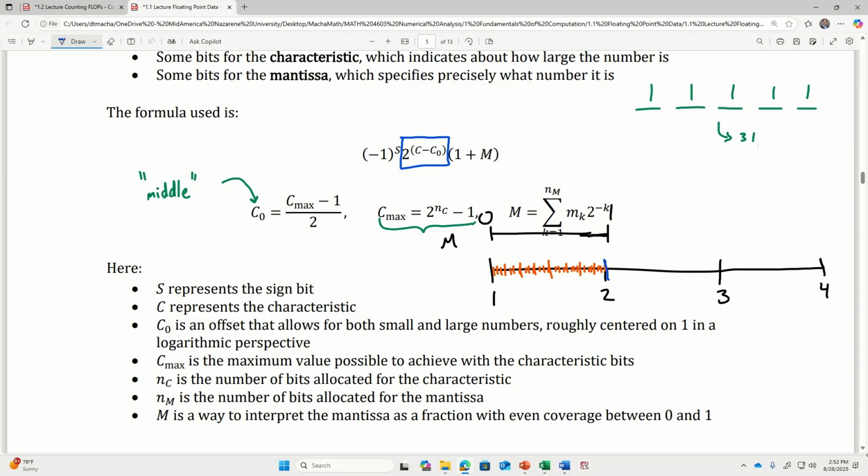It's going to essentially allow me to take all of these values. Right? Multiplying by the characteristic is going to stretch my range by 2. And increasing the characteristic by 1 multiplies by 2, and that stretches my range again by 2.